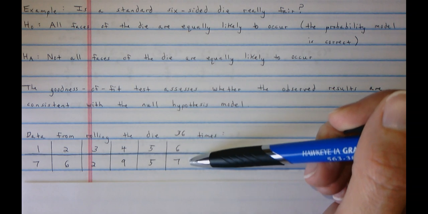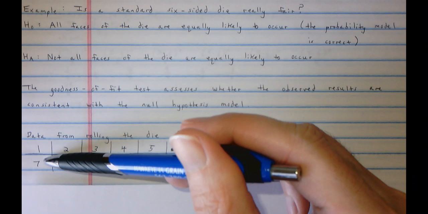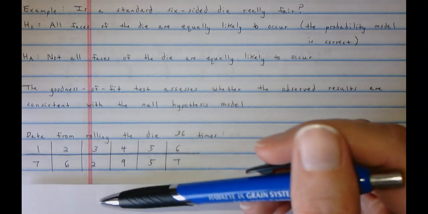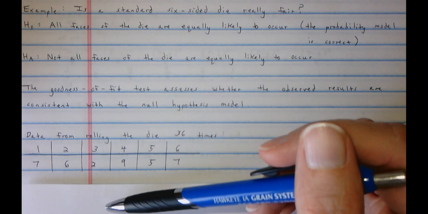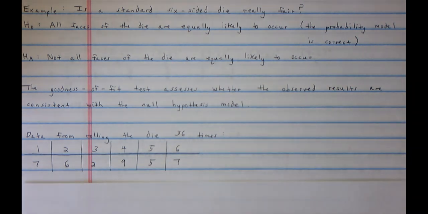And then in the second row, you see how many times each of these occurred. So a 1 was rolled 7 times, a 2 was rolled 6 times, and so on. Notice a 3 was only rolled 2 times. And that's the reason why I'm a little bit skeptical that the die is fair.